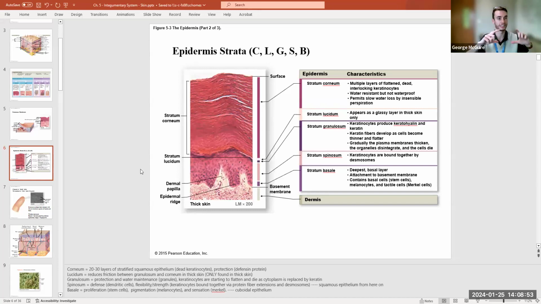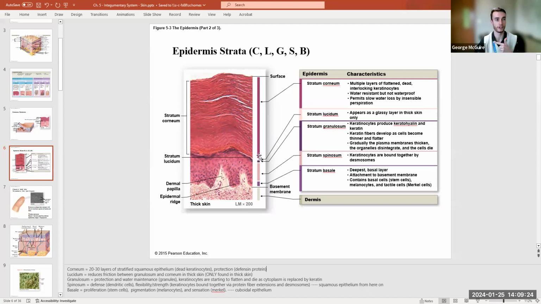And eventually those keratinocytes will destroy their own organelles and remove all the cytoplasm and become completely replaced with just keratin fiber in those cells, allowing them to get really squished into that stratified squamous shape that we introduced in the last chapter. So as we work up, these cells are basically going to get flatter and lose more of their function. And so the basal strata here is there to act as those stem cells producing more keratinocytes.